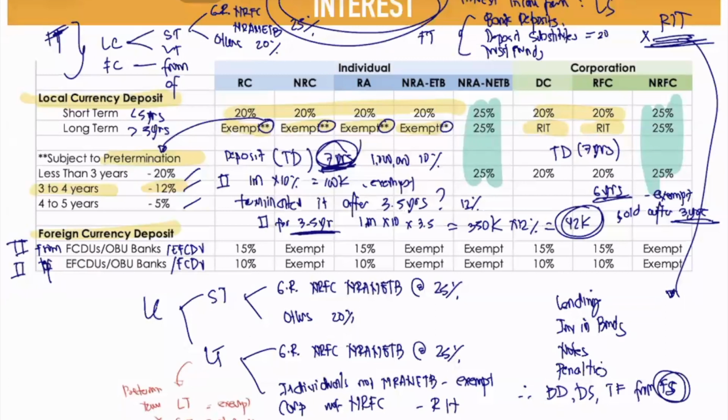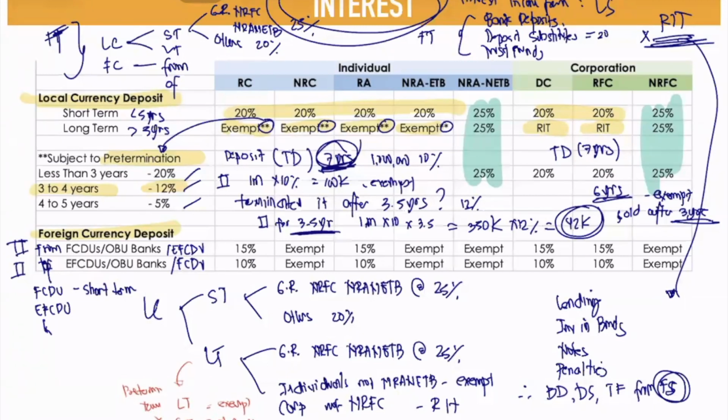Now for foreign currency deposit, by the way, what's the difference between FCDU and EFCDU? So these are foreign currency depository units. Pag FCDU lang yan, they can only give short-term foreign currency transactions.